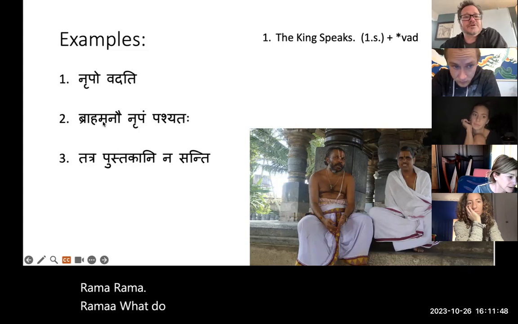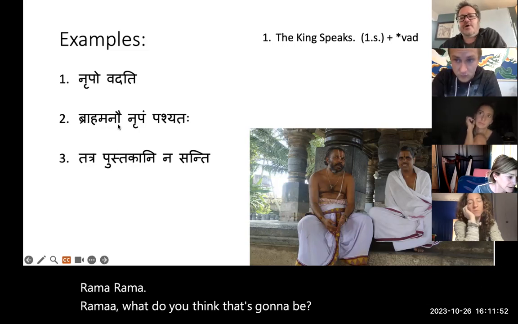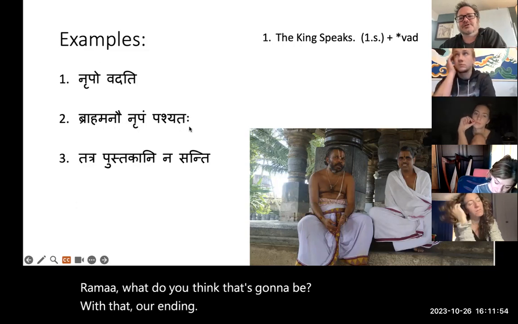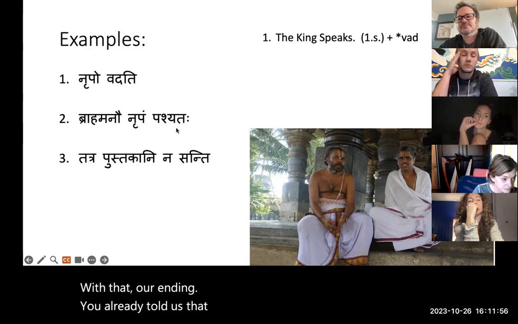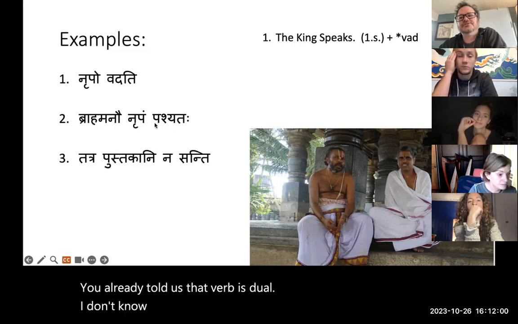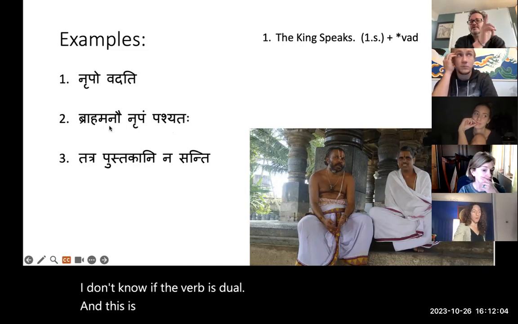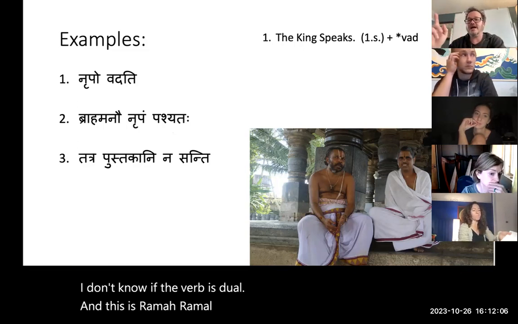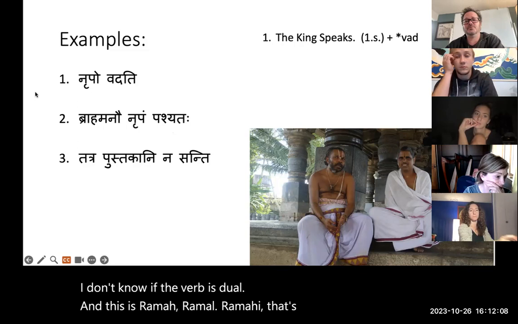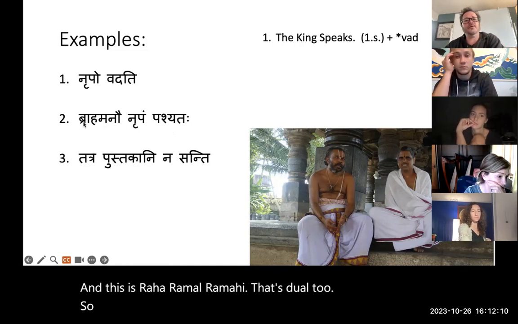What do you think that's going to be, with that au ending? You already told us that the verb is dual. If the verb is dual and this is Ramau, that's dual too. So, two Brahmins see the king.